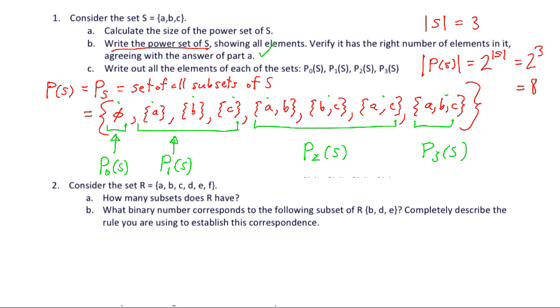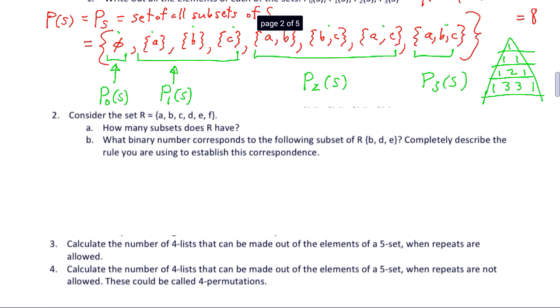And we know those have the right number of elements because they have 1, 3, 3, and 1, which is, in fact, row 4 of Pascal's triangle. Okay, so that's problem 1 here.